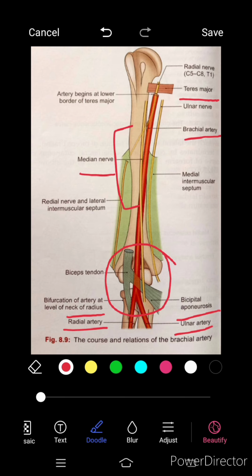Posteriorly, it is related to triceps brachii, radial nerve, and profunda brachii artery, whereas medially in the upper part, it is related to ulnar nerve, and in the lower part, it is related to median nerve. Laterally, it is related to coracobrachialis, biceps brachii, and median nerve in the upper part, and tendon of biceps brachii in the elbow.